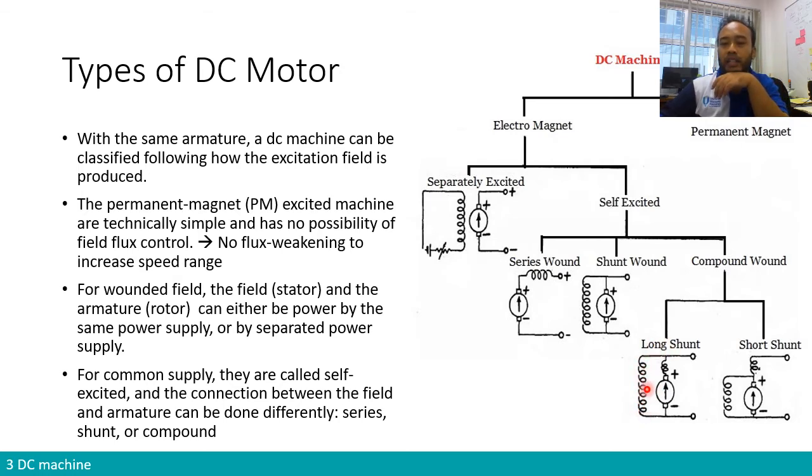That's what we call long shunt. So the larger portion of the field winding is in parallel, but a small amount of the field winding will be connected in series.